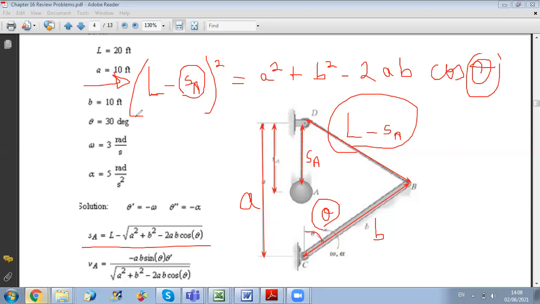So let us derive this relation with respect to time. If I derive this relation with respect to time, what do I get? First, for the function u squared, if I want to derive it with respect to time, I use the chain rule. First I derive with respect to u, then I multiply by du by dt. So what is the derivative of this function?